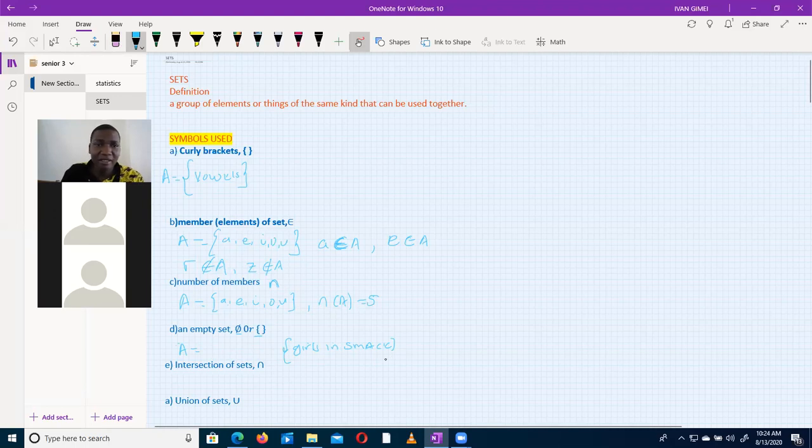We don't have any girls in SMARC. So therefore, A has to be an empty set, because we don't have girls in SMARC.